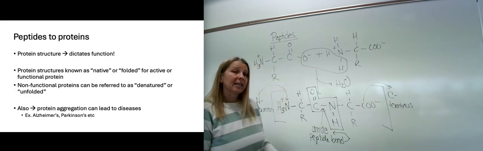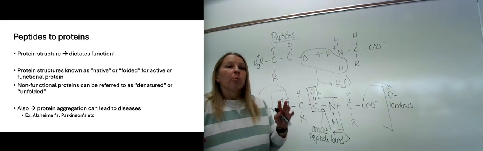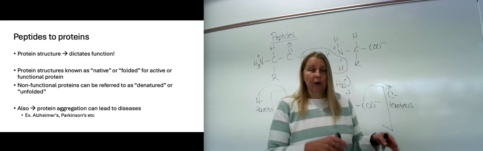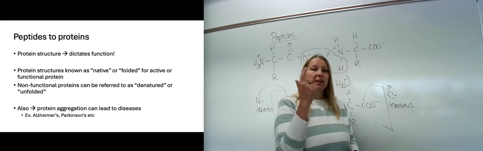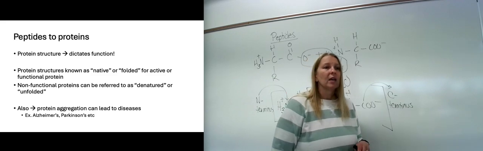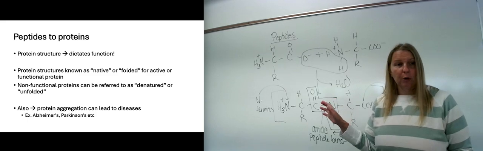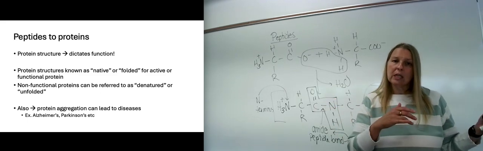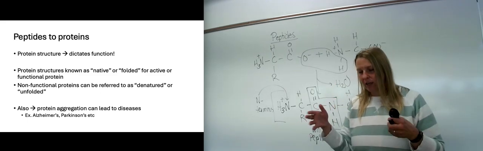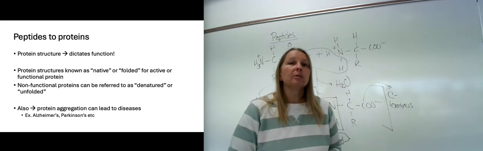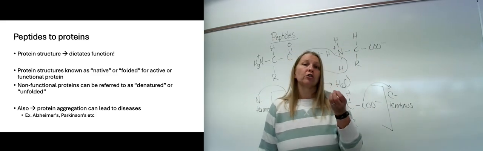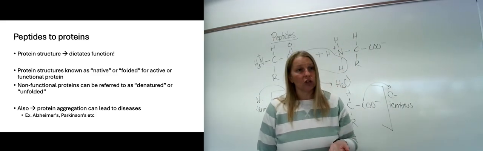So, biggest thing to remember from this chapter, that structure dictates function. You have the incorrect structure, you have the incorrect function. Okay? Sometimes, when we're talking about the structures of proteins, you may see folded or native. These are kind of interchangeable terms. These basically mean here's the functional structure of that protein. It's the one that can do the job that it needs.